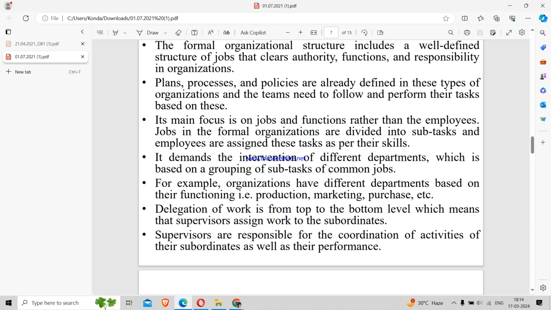Next is delegation of work from top to bottom level, which means the supervisors assign work to the subordinates. The supervisor who is assigned the work will give his orders to the subordinates working under him. If there are certain employees working below them, they will again delegate the work to the employees working under their command.